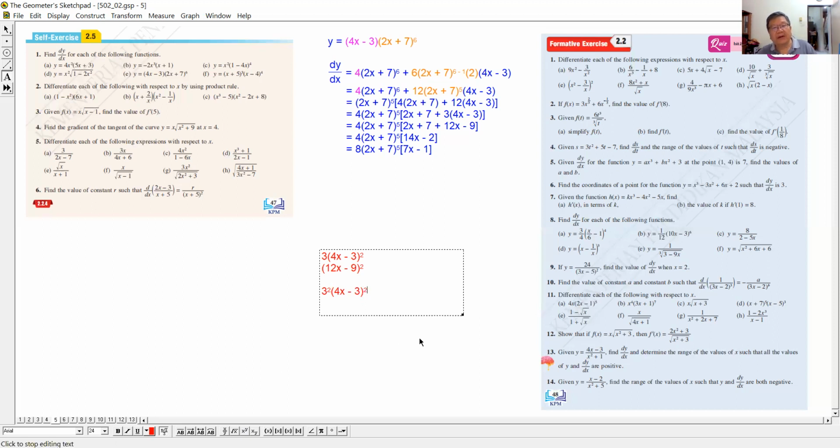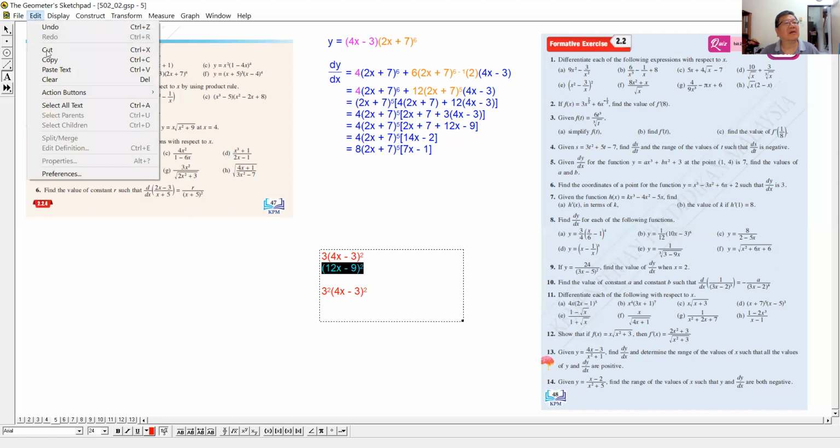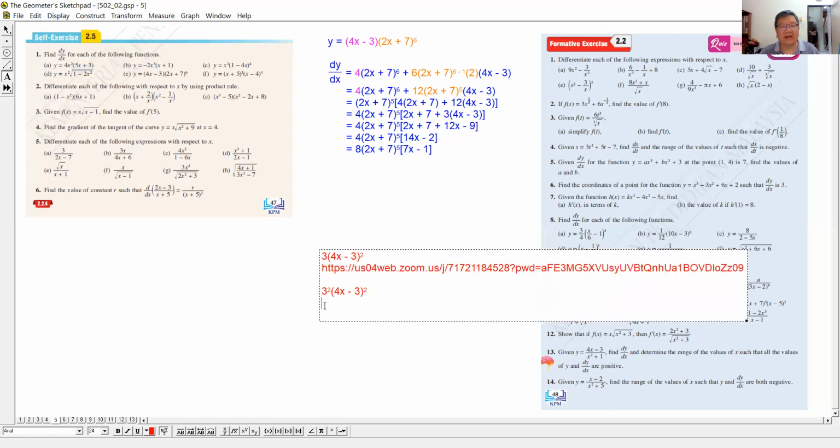They have the same power. They are of the same order. Actually the correct word is the same order. So you can multiply the 3 inside, because as soon as the 3 enters the bracket, the 3 actually has the power of 2 already, right? So you can write down like this. This is correct, right?